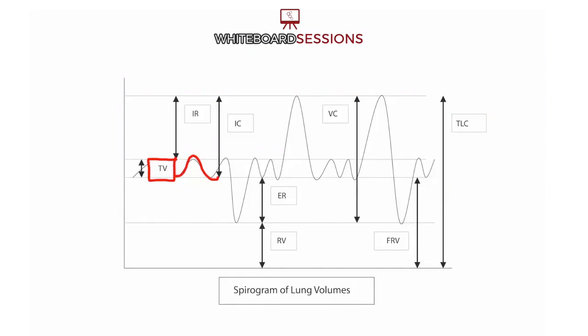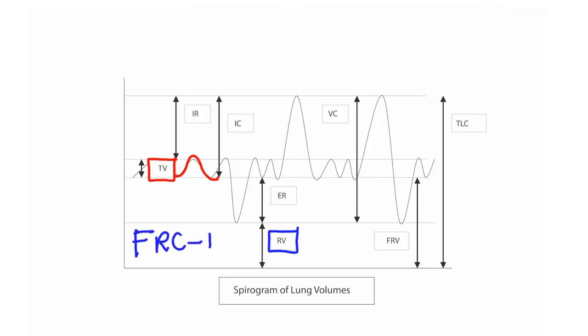Otherwise, we can jump right over and go to the indirect lung volume measurement. Take a look at that residual volume. Residual volume is basically the air that no matter how hard we try to get out of your body, it will stay. So we can measure residual volume by taking the functional residual capacity minus the expiratory reserve volume.